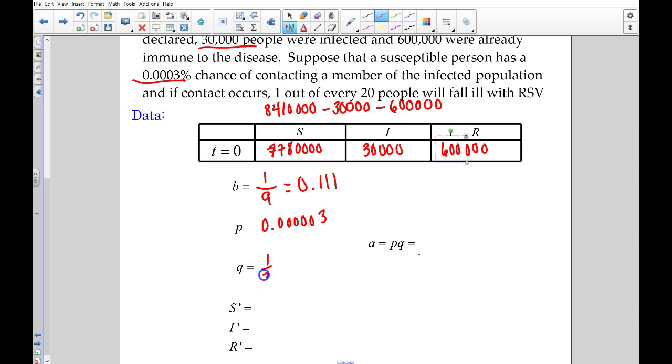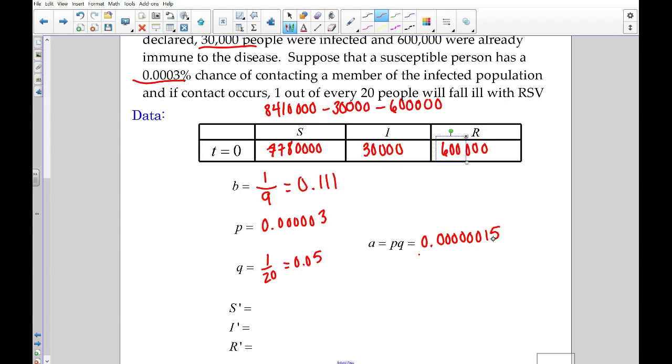So this is 1 out of 20, which as a decimal is 0.05, a 5% chance. So A, if you multiply those two, is 0.0000015.